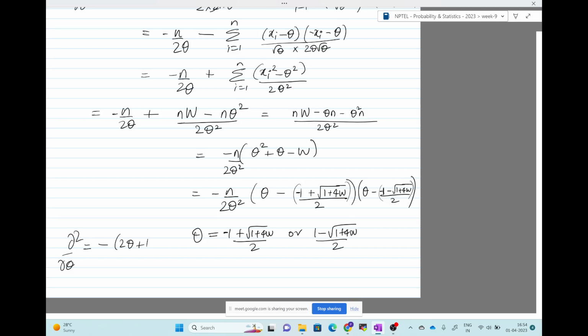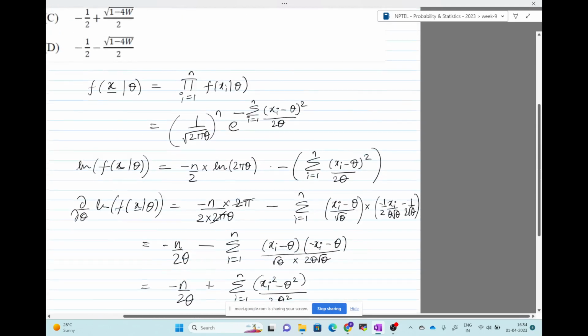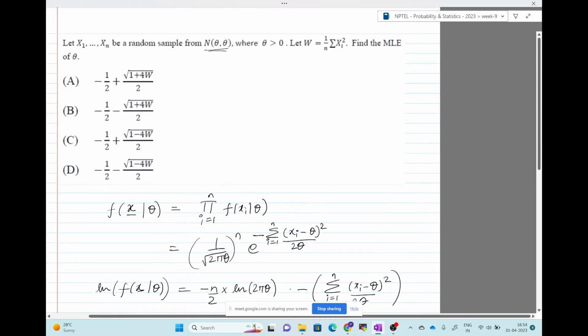So here it is minus 1. Still this term will be positive because minus half plus this, which is under root 1 plus 4w, will be greater than 1. So this term will be positive. So then this should be the answer.